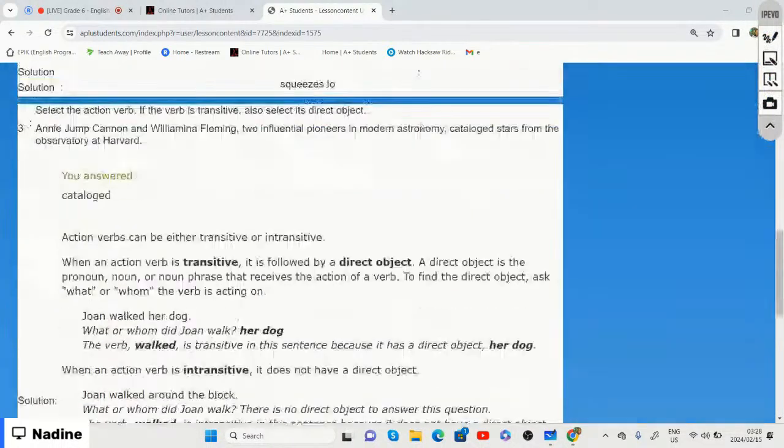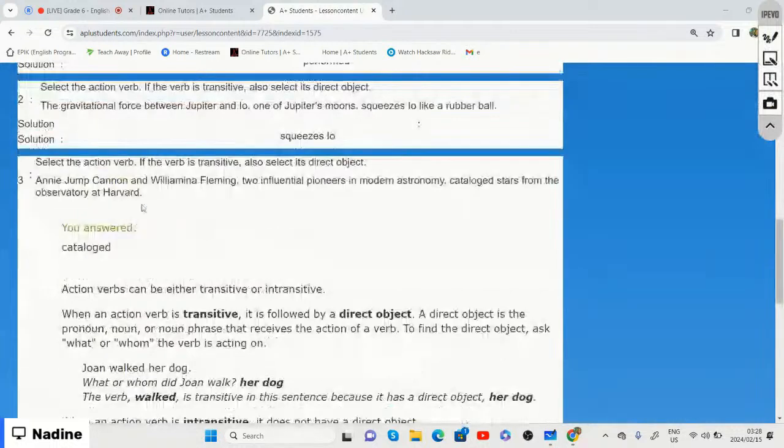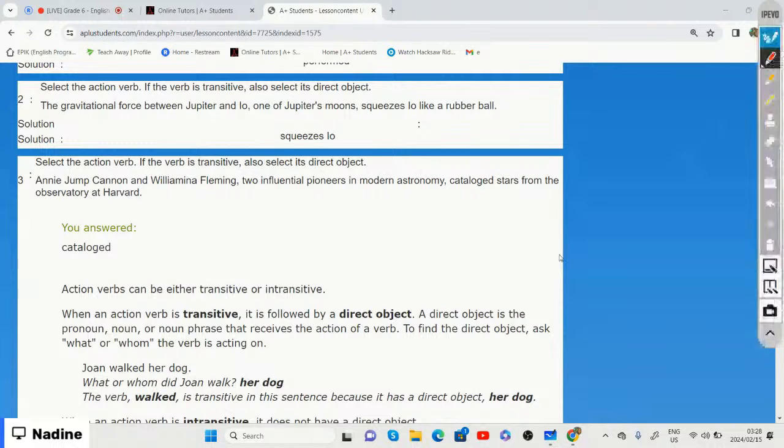All right, here it says Annie Jump Cannon and Wilhelmina Fleming, influential pioneers in modern astronomy, catalogued stars from the observatory at Harvard. So we need to select the verb, right? And our action verb over here is catalog. This is our action verb.